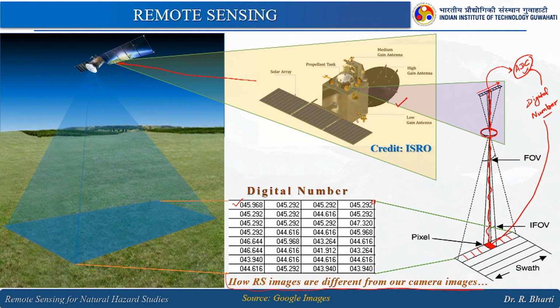In remote sensing we utilize the visible as well as other wavelengths, whereas in a mobile phone we use only the visible and the beginning of the infrared. This is the major difference. Here you will have information captured in the thermal and microwave domain, which is not possible with our eyes or a regular mobile phone.